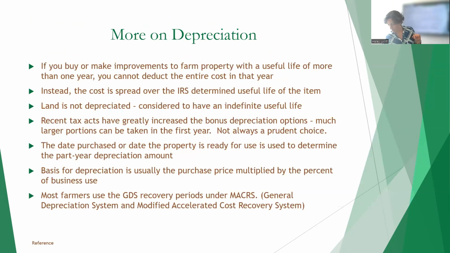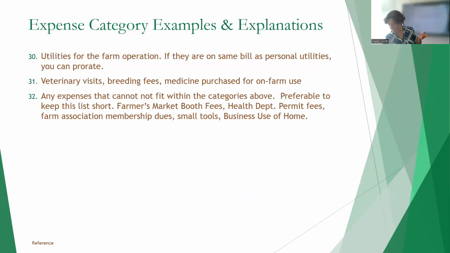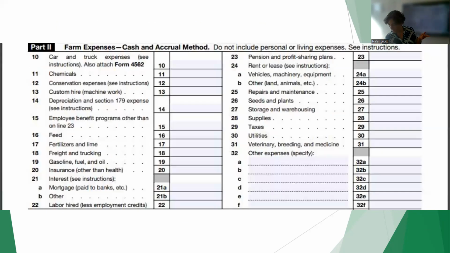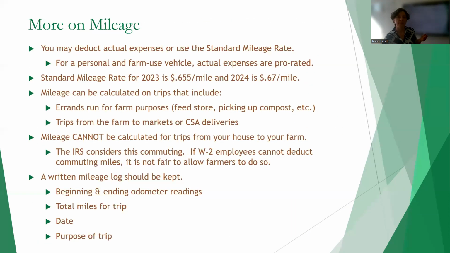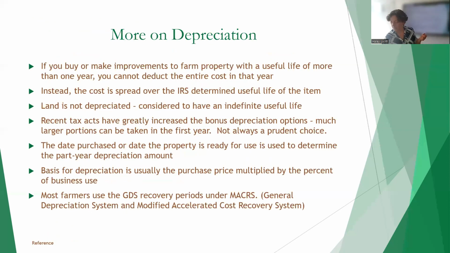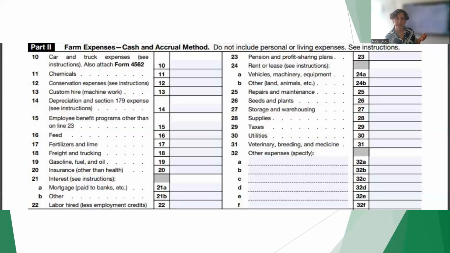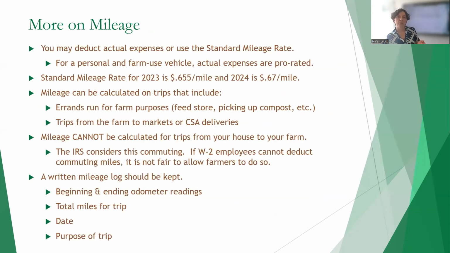I changed up my slide order earlier, so I want to make sure I'm going the right direction. Yes. Okay. Mileage. Line 10, car and truck expenses. That includes your mileage. You have the choice with car expenses that you can deduct your actual expenses.